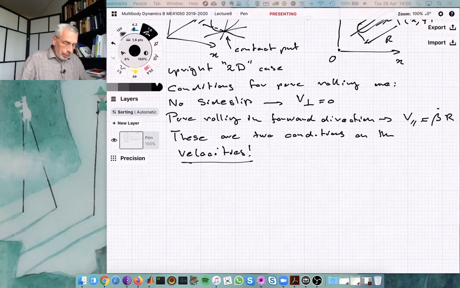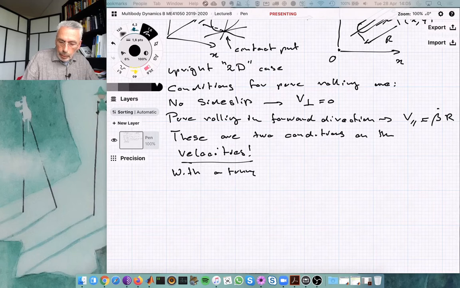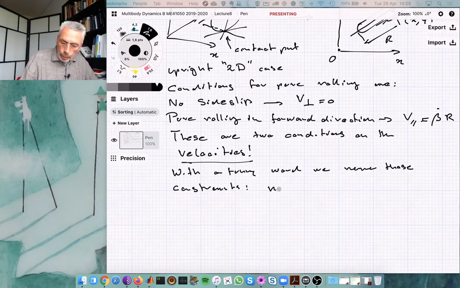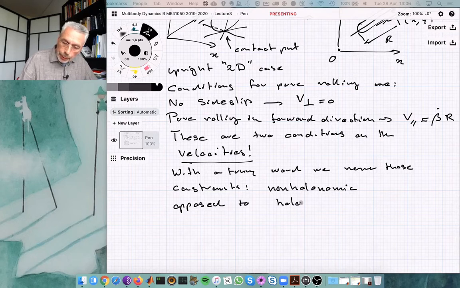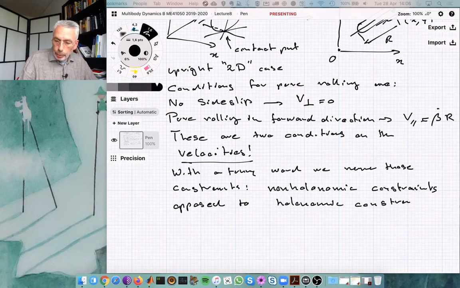Well, there's a funny word for that, and with a funny word we name those constraints non-holonomic, as opposed to holonomic constraints, where they just are a function of the coordinates.